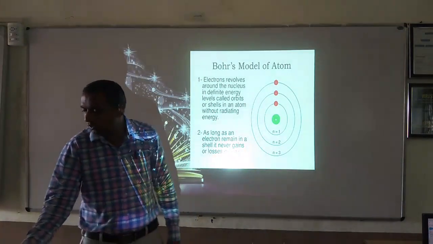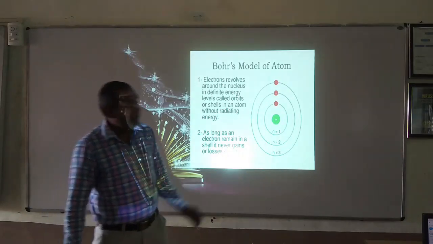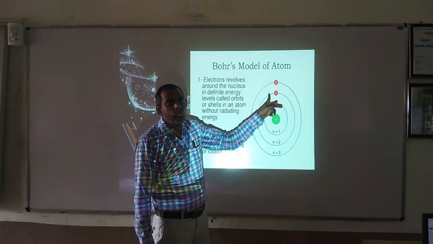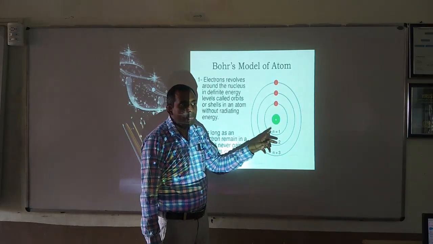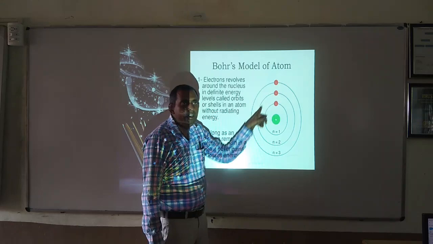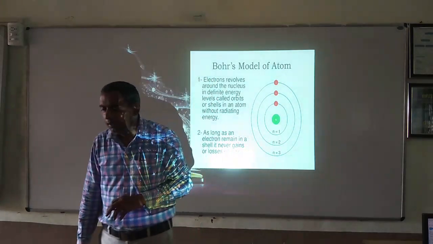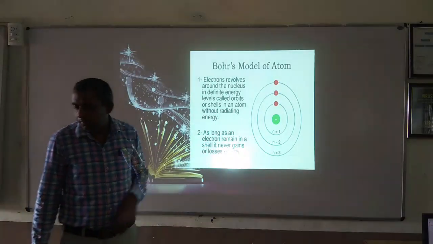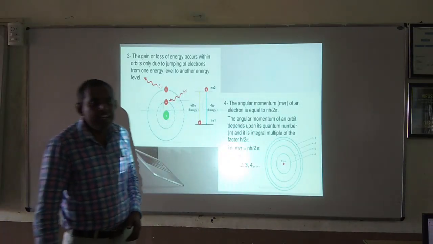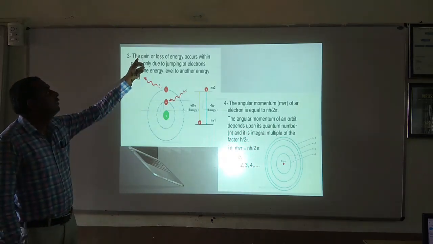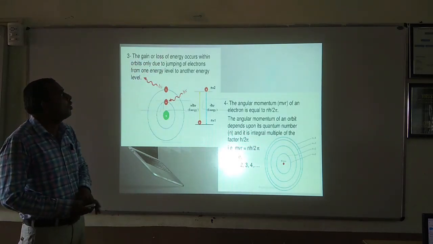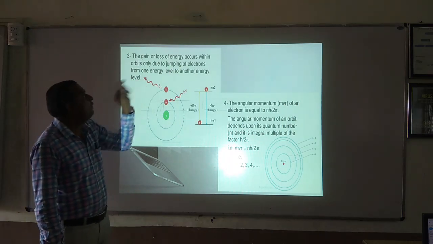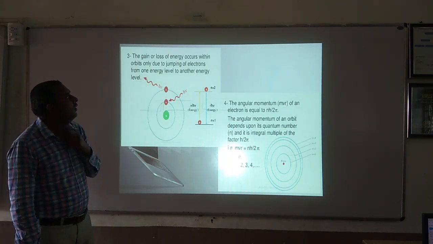The electrons can revolve around the nucleus only in a permitted orbit. I mean to say the electron cannot go to another orbit and start revolving; it has to be here only. Next, if an electron is given additional energy, the gain or loss of energy occurs only due to the jumping of electrons from one energy level to another.